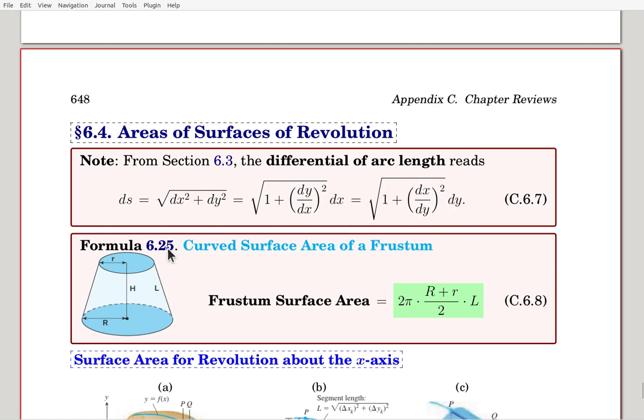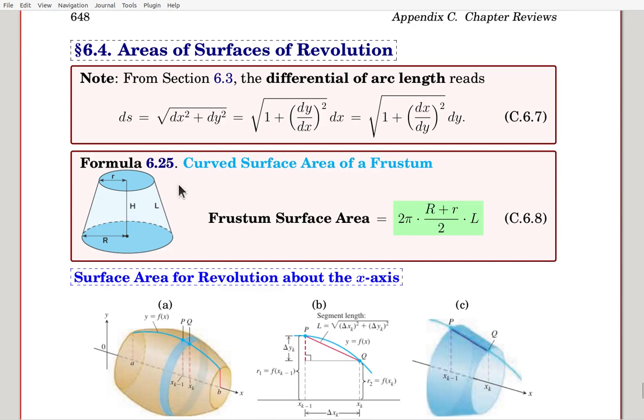Now, for the area of surface of revolution, we need some knowledge from the surface area of a frustum.